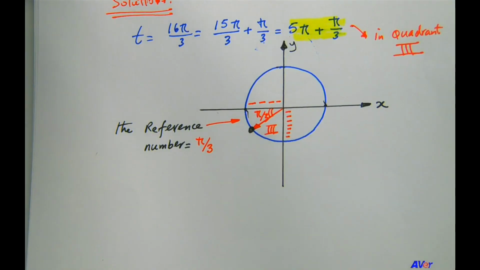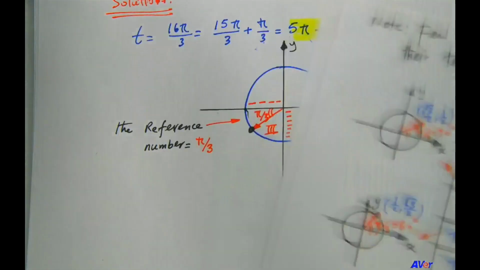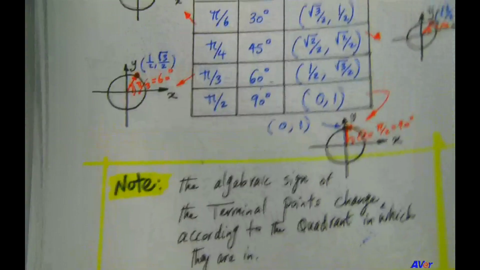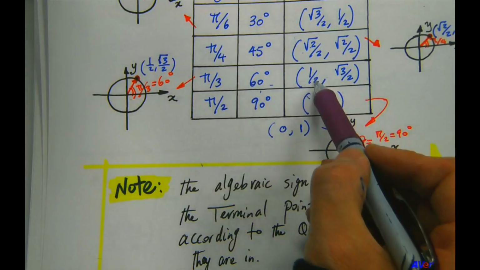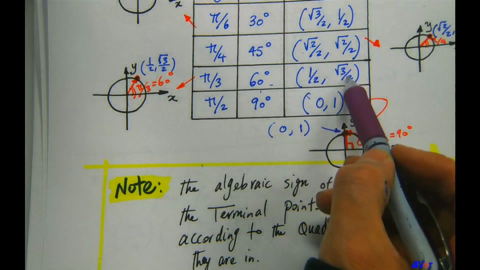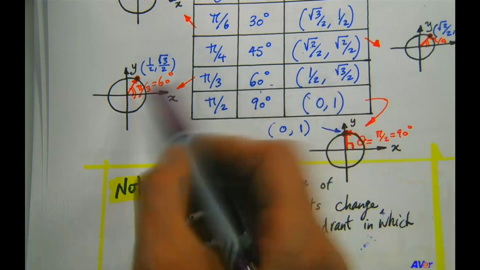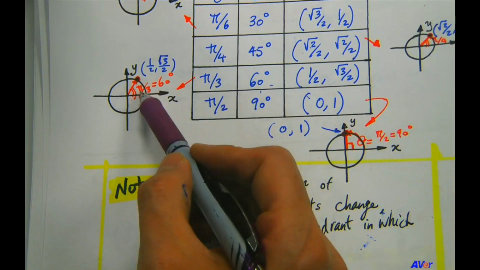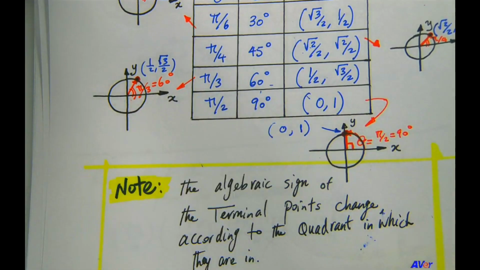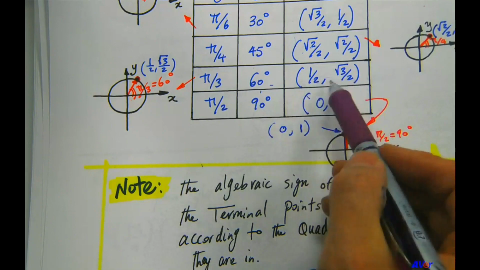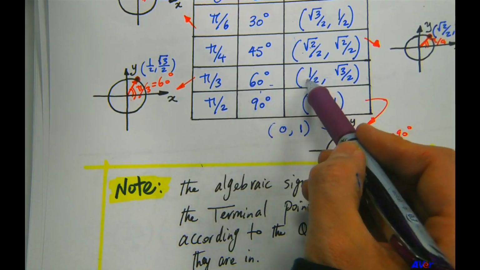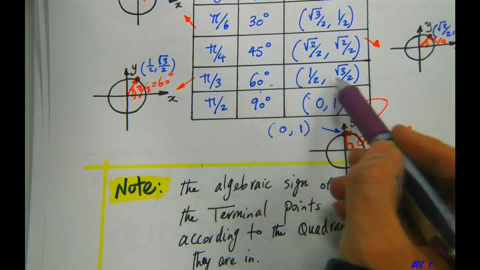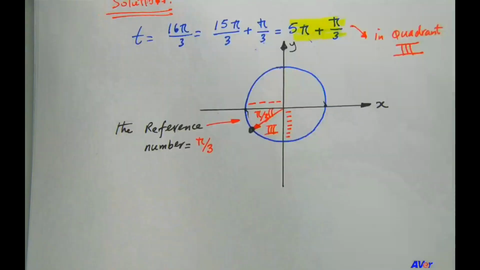Well, we haven't yet memorized this, but for pi over 3, what do we know? For pi over 3, the coordinates of the terminal point are 1/2, comma, square root of 3 over 2. Again, this is in the first quadrant where everything is positive, but we're in the third quadrant where everything is negative. So we're going to have negative 1 over 2, comma, negative square root of 3 over 2.